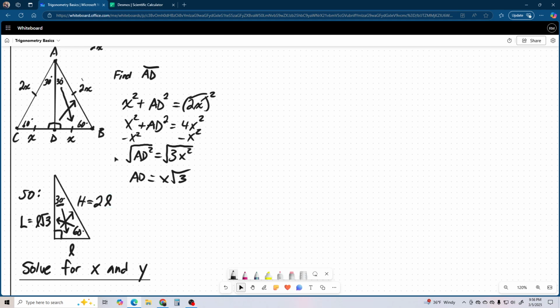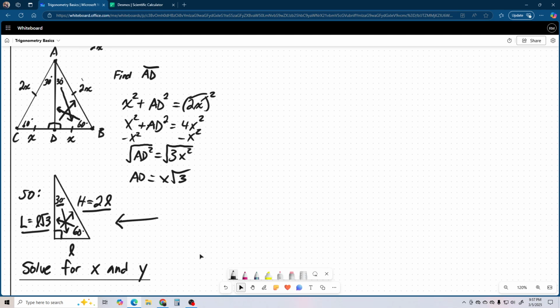And across from our 60 degrees, our long leg, is what we found for AD, which was x times the square root of 3. So it's our little leg times the square root of 3. This little drawing contains all of the equations we need to solve anything we would run into with 30, 60, 90 triangles.